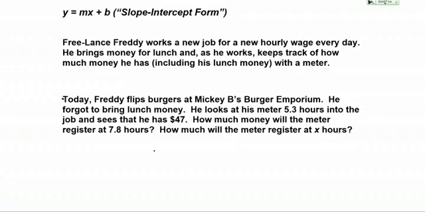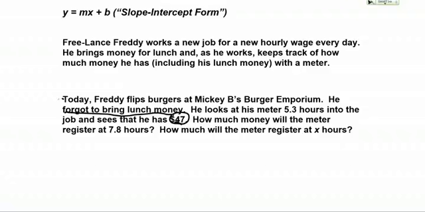To do that, we know that he's worked 5.3 hours and he has $47. Now, none of that $47 has anything to do with his lunch money because he forgot to bring his lunch money. His lunch money today is $0. And so that entire $47 came from his earning money over time.